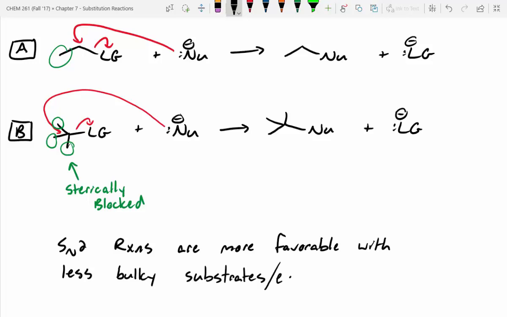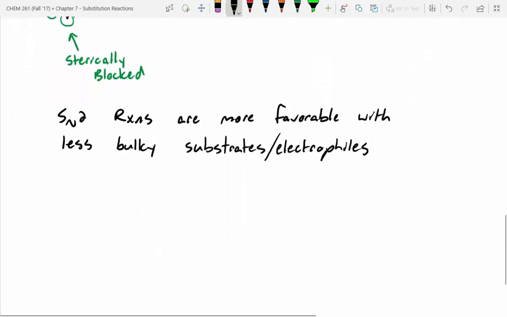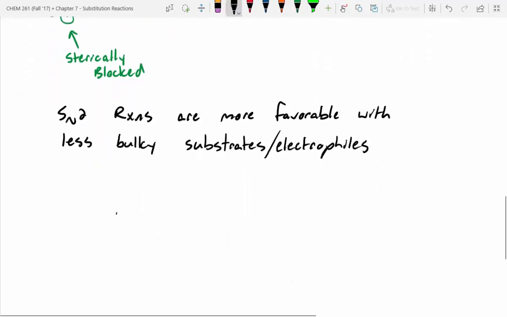Another word could be electrophiles. So again, let's make a little chart like we did before, where we had primary, secondary, and tertiary and methyl groups.